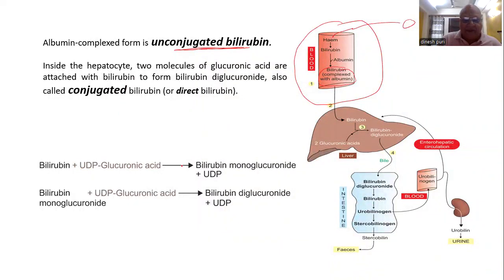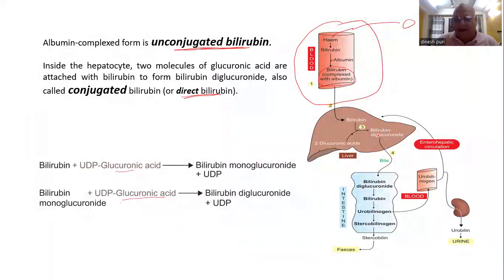Conjugated bilirubin, the reaction occurs in two stages. ग्लूक्रोनिक एसिड के दो मॉलिक्यूल conjugate होते हैं, and both the reactions are catalyzed by the same enzyme called glucuronyl transferase. This is also called direct bilirubin. Please find out yourself.